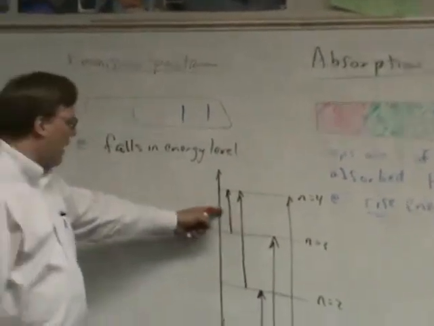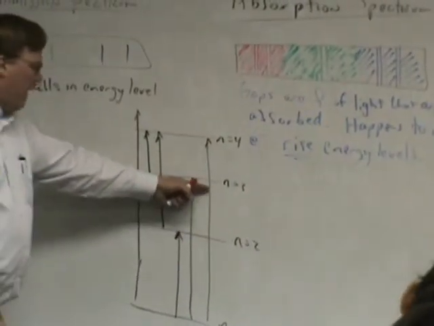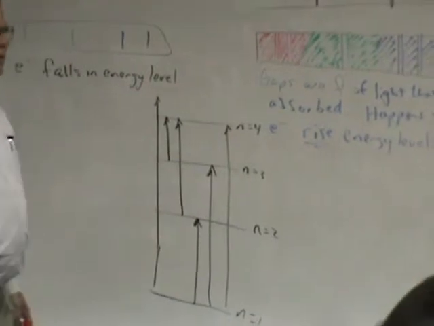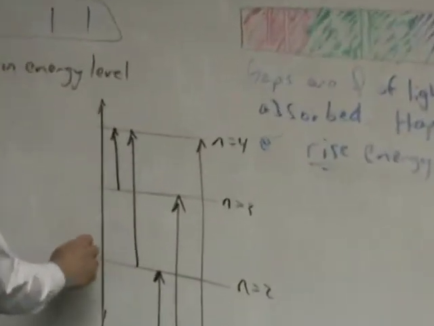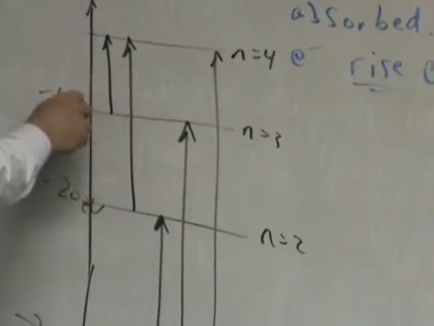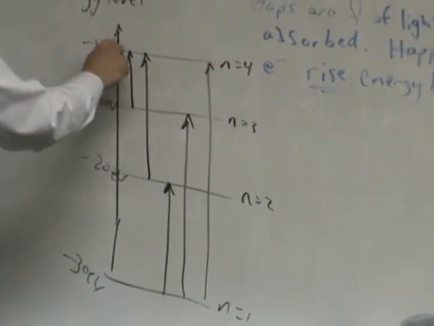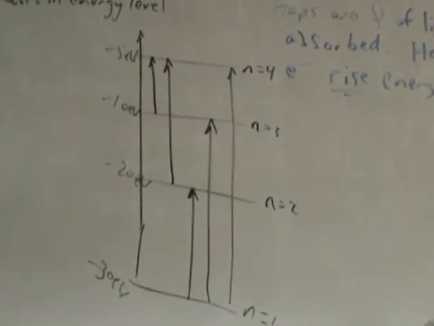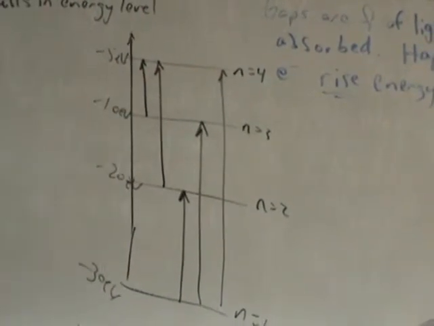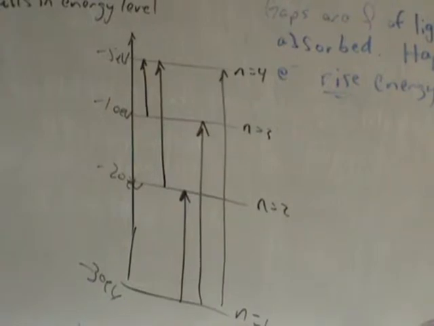And I were to find the frequencies or the wavelengths of all of these photons, and I happen to know the energy levels. Maybe this is -30, and this is -20, and this is -10, and this is -5, I don't know. So if I were to find all of these wavelengths, what would I have here? Is this an emission spectrum or an absorption spectrum? Emission. I don't know.